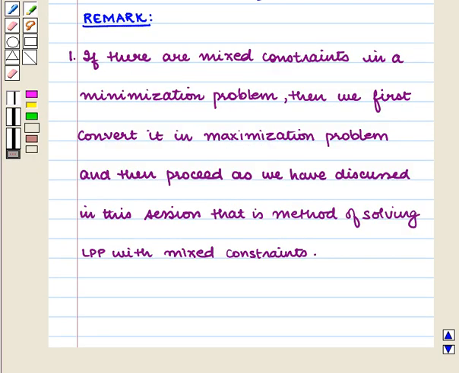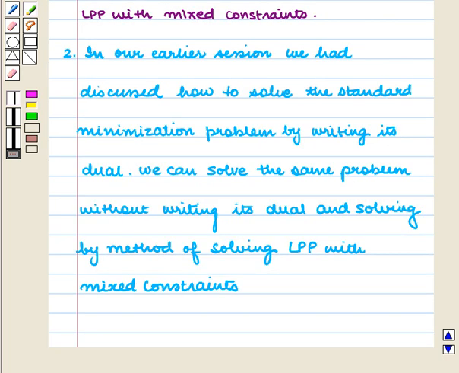Note that if there are mixed constraints in a minimization problem, then we first convert it into a maximization problem and then proceed as we have discussed in this session, that is, the method of solving a linear programming problem with mixed constraints. In our earlier session, we had discussed how to solve the standard minimization problem by writing its dual.